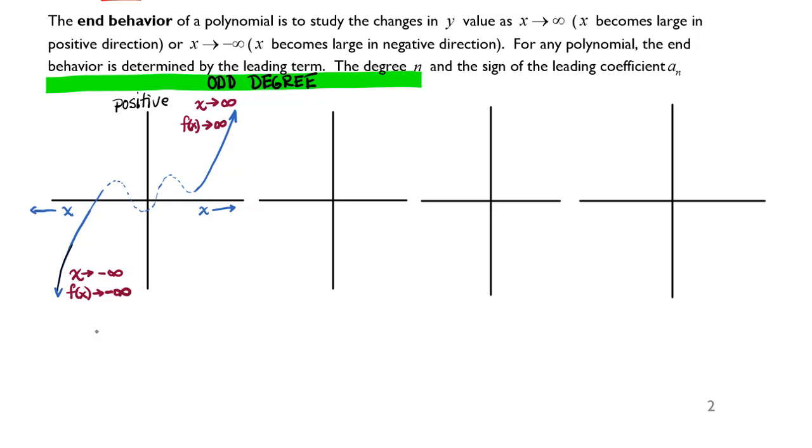So this would be an example of a polynomial f of x where your leading coefficient a sub n is greater than 0, meaning it's positive, and your x term to the n is an odd number. n is odd.